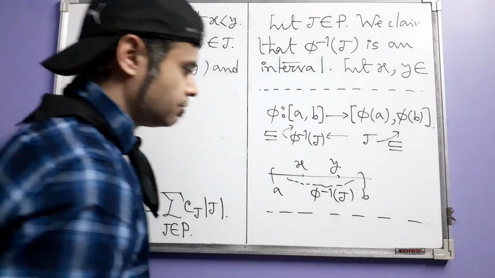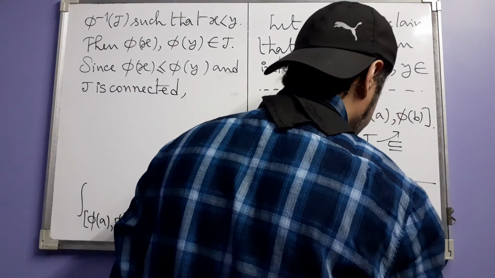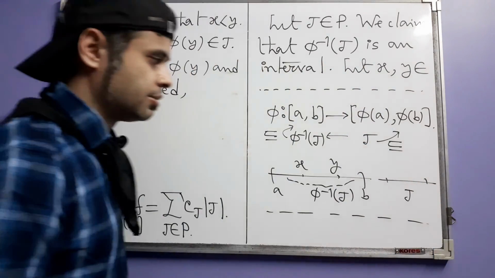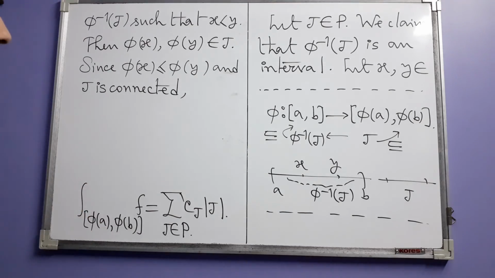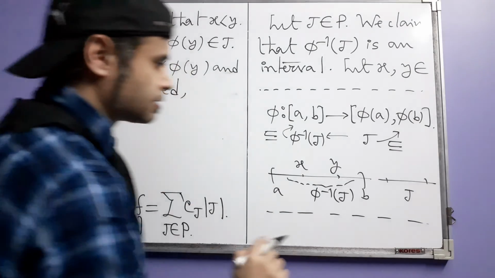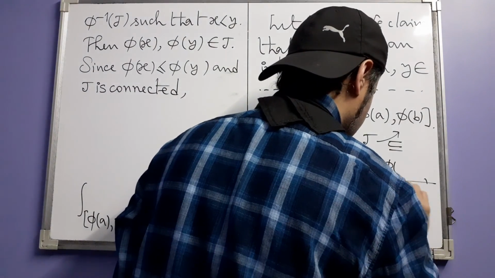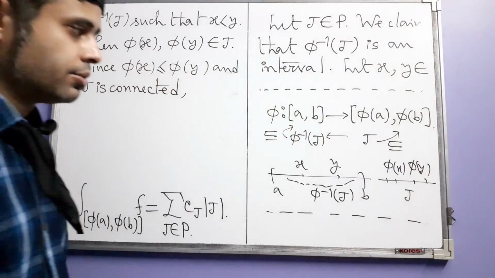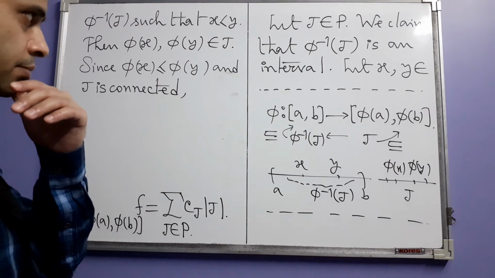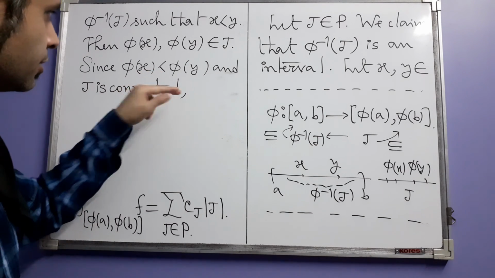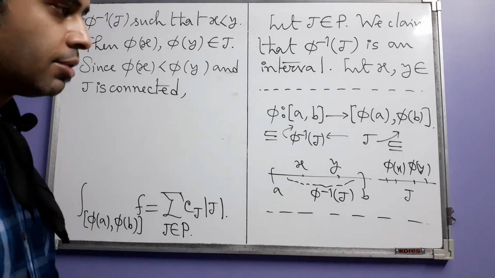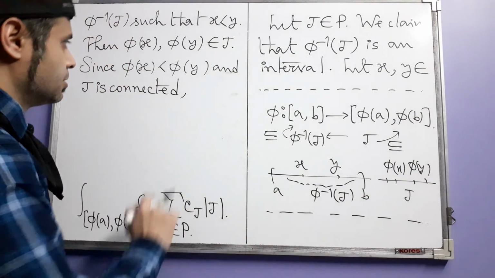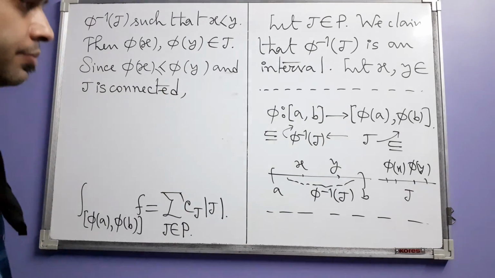Okay, so now if you see the picture, this is what j is, and inside j we have these 2 points, phi x and phi y. Phi x is less than or equal to phi y. Why do we not write strictly less than phi y? Because it's given that phi is increasing, not necessarily strictly increasing, and we don't need that.